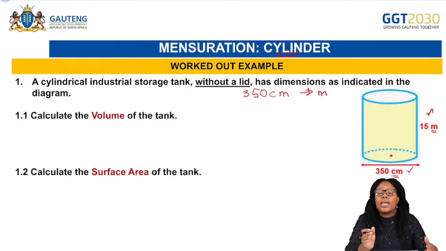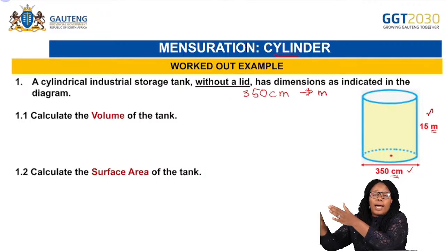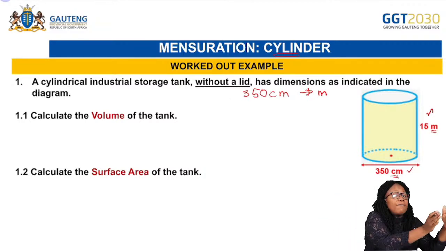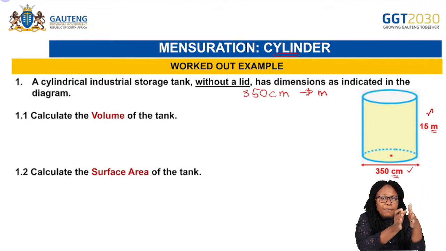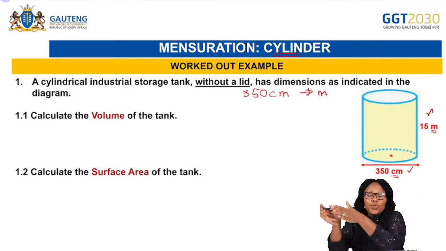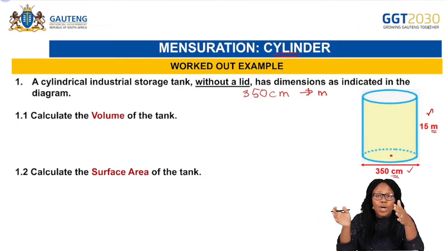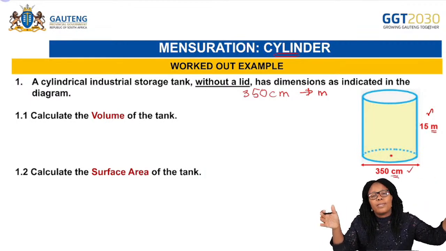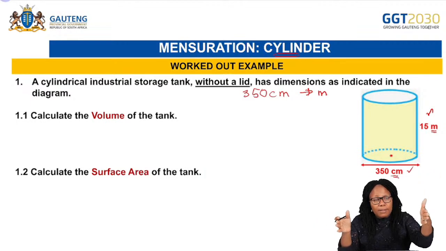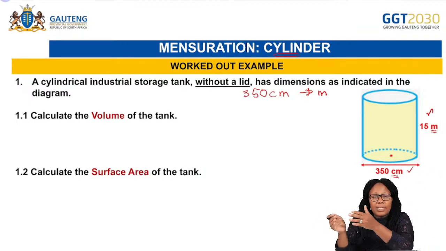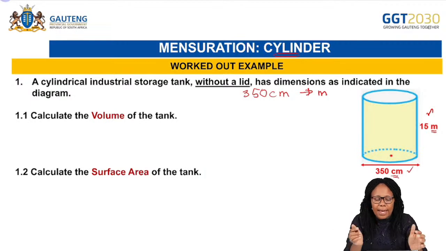Into meters. Again, we are moving from small to bigger, but now we are not starting from millimeters, we are starting from centimeters. Therefore, it will be divided by 100, not 1,000. It will be 1,000 if we start from millimeters. In this case, it's from centimeters to meters now. It will be divided by 100.